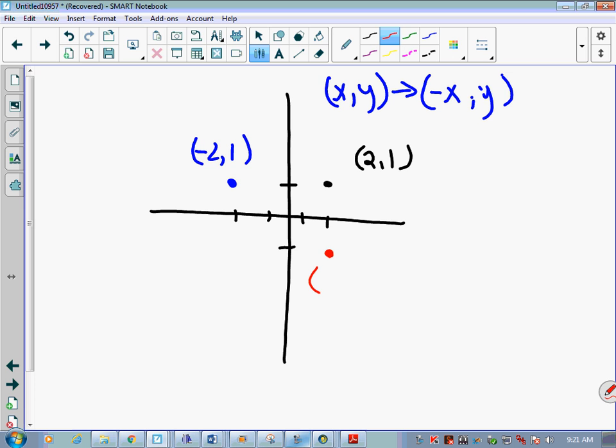If I look at this, my coordinates are 2, negative 1, which means my rule for reflecting across the x-axis is that my x value stays the same and my y value becomes the opposite. If I was going from my red dot to my black dot, we would still use that rule. Negative 1 would become positive 1.